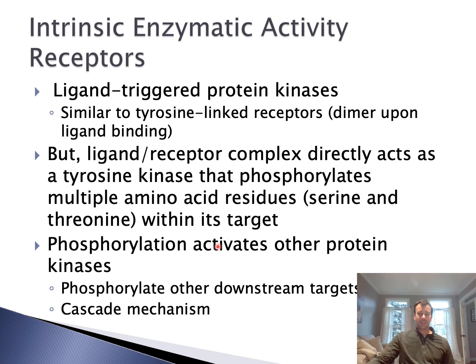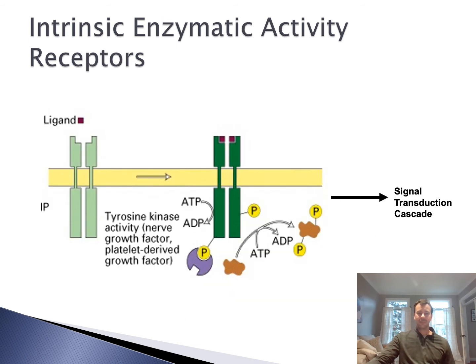The phosphorylation activates other protein kinases for downstream targets, and you get this cascade mechanism. But the important difference here again is it has its own intrinsic enzymatic activity. So here's a diagram of that, but it's very similar to the previous one, except the dimer itself has its own intrinsic activity.